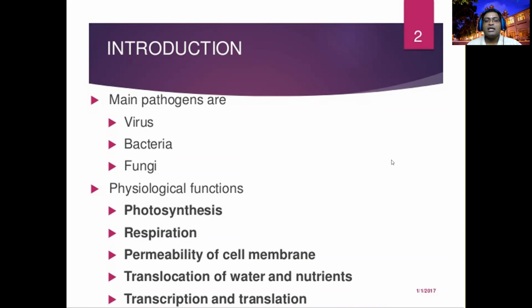Sometimes you would have studied plant hormones and their functions in agronomy. Those are plant physiological functions. If a pathogen interferes with one of these functions, the entire normal function will be affected. We will discuss how pathogens interfere with each of them.